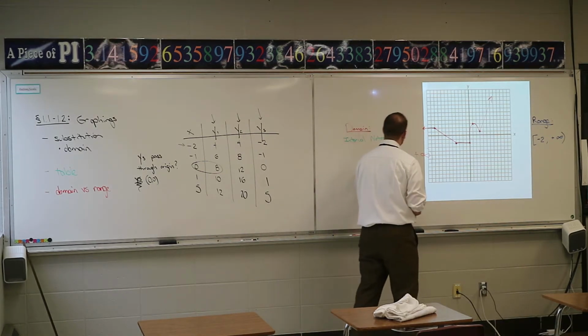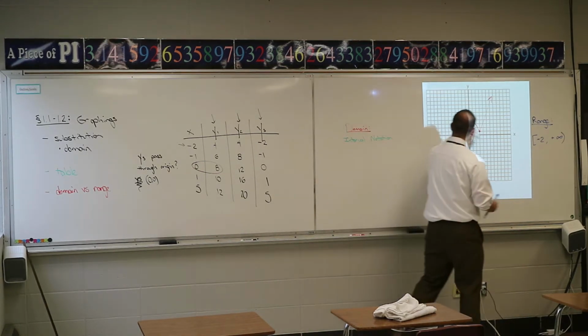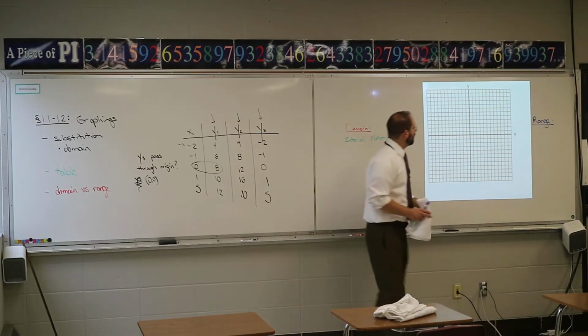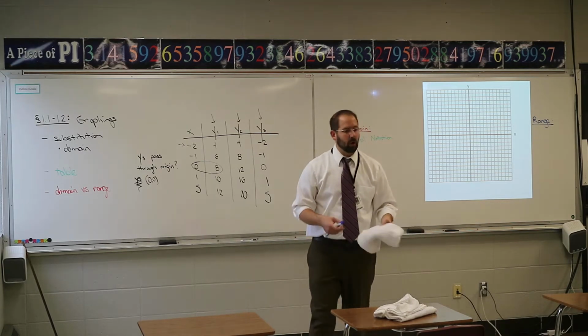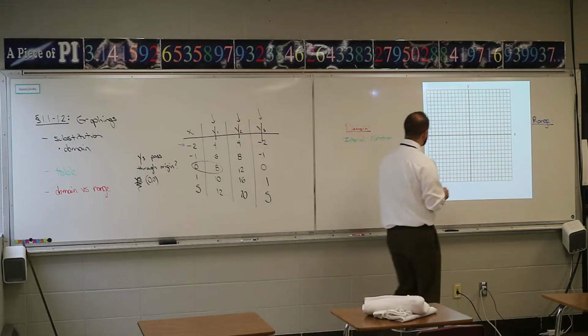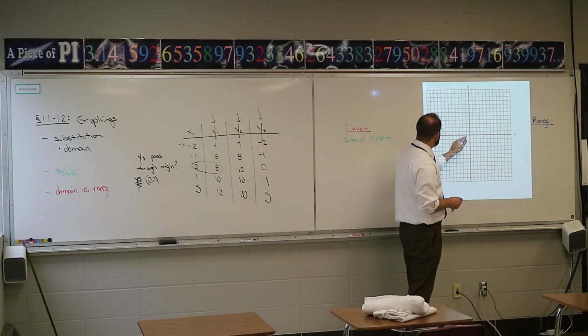Same exact idea. We're going to do interval notation for domain and range again, but now there are going to be breaks in the graph and open circles and things going on in this one. So we're going to start over here. Let's go to -5, -5. Put a dot there.